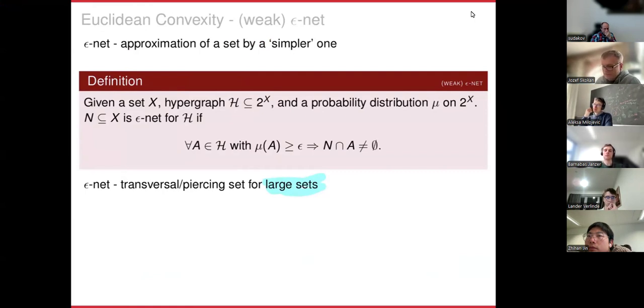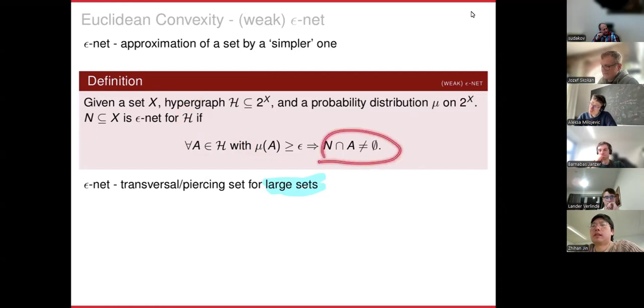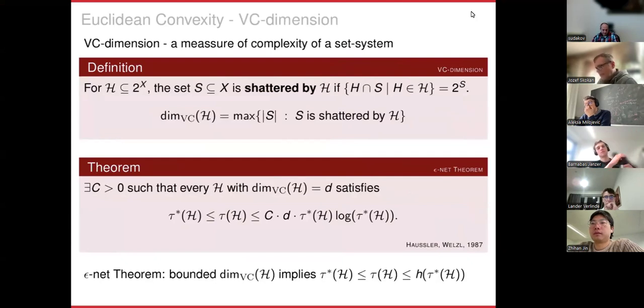The formal definition is that if we have a set X, a hypergraph on this set X, and some probability distribution mu on the possible subsets of X, then for this setup, a set N, a subset of X, is an epsilon net for hypergraph H if for every A in H such that the probability measure of A is at least epsilon, N intersects A. So this really just says that an epsilon net is a transversal set for large sets, where large is defined by this probability distribution mu. It will play a role for us, and maybe we will see it soon.